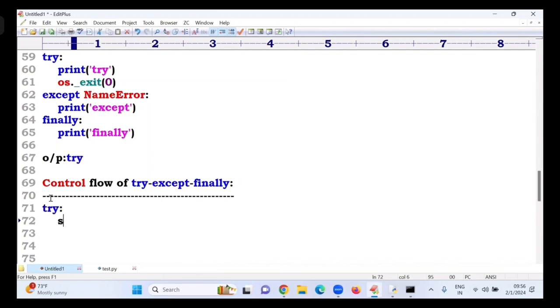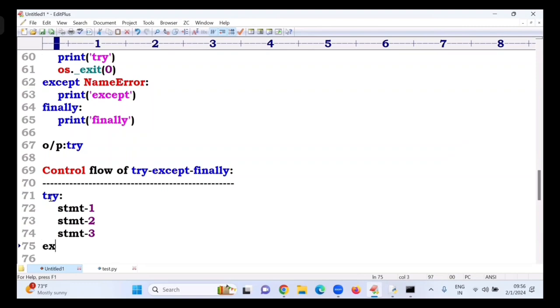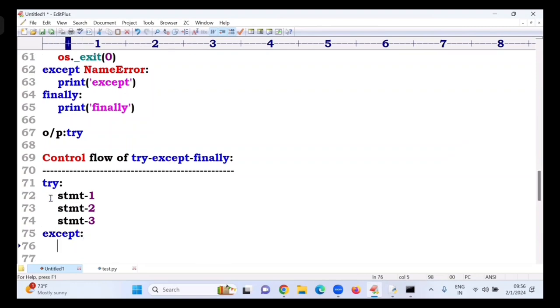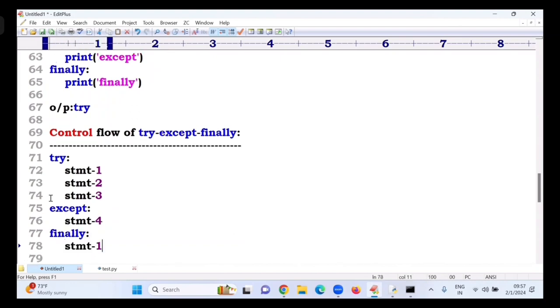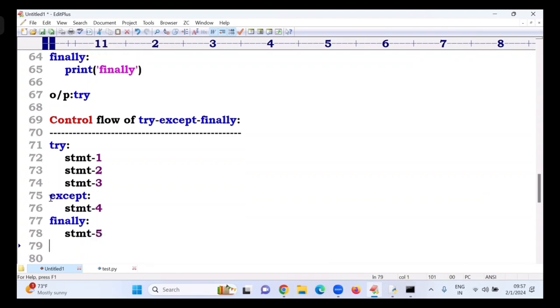In the try block, statement 1, 2, 3 is there. Except block, statement 4, finally block 5, last 6. This is the program.